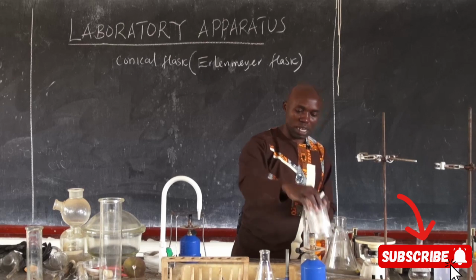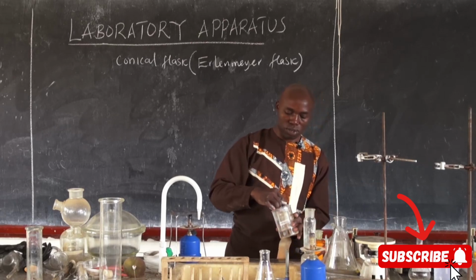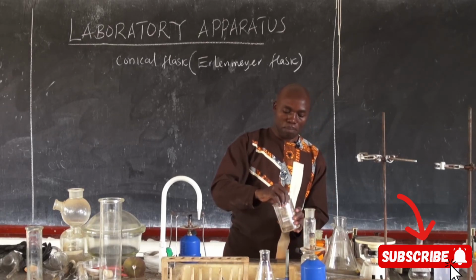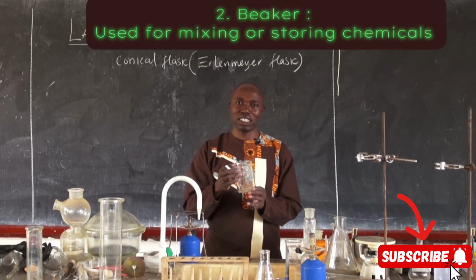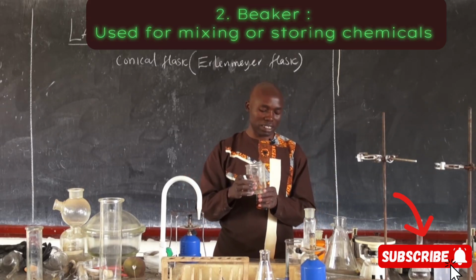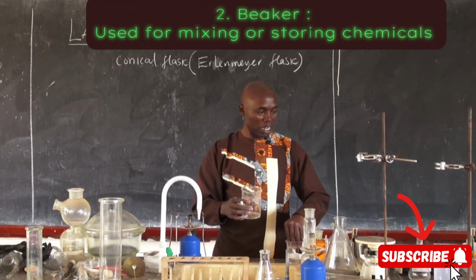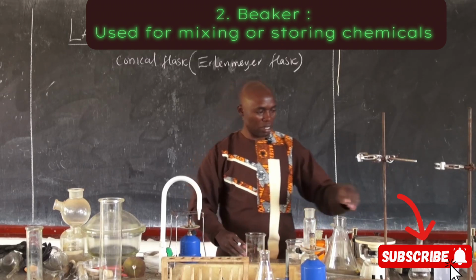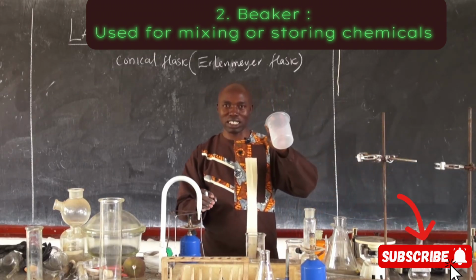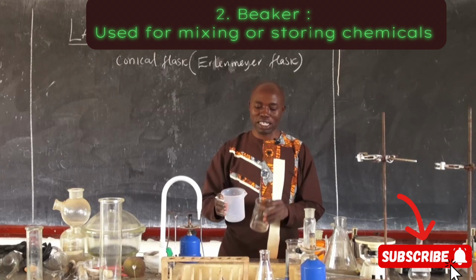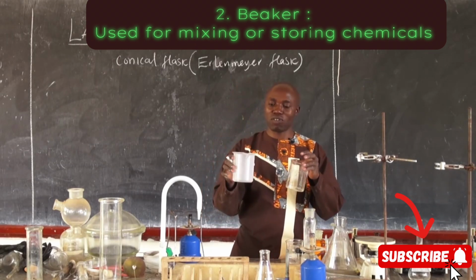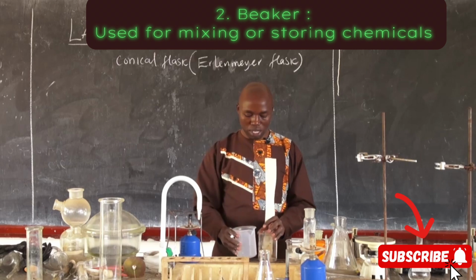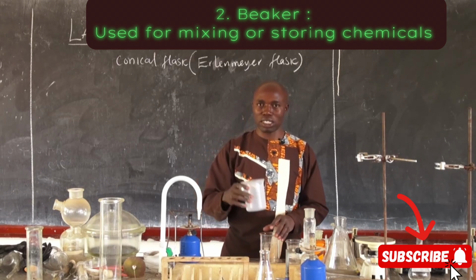Then before me, I can also have what we call a beaker. Now beakers can be made of glass, and some are made of plastics. So I have glass beakers here, and I also have plastic beakers here. They do the same work like the conical flasks, but they have an open mouth, so you don't just swirl a mixture, it can spill.